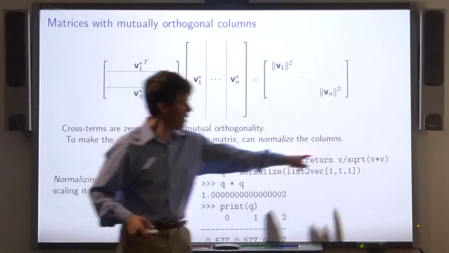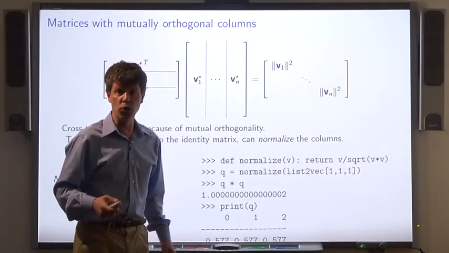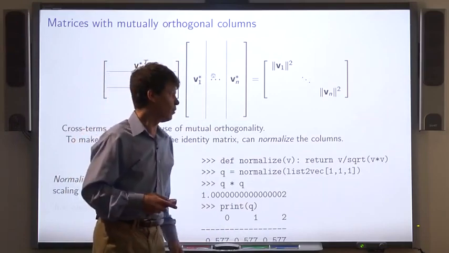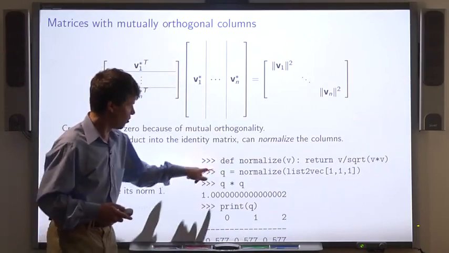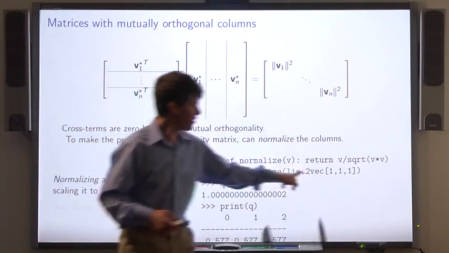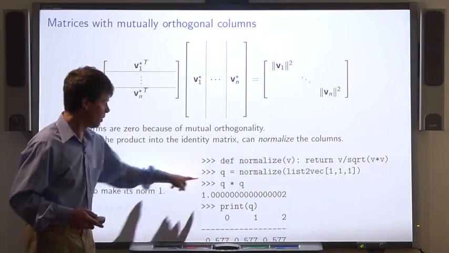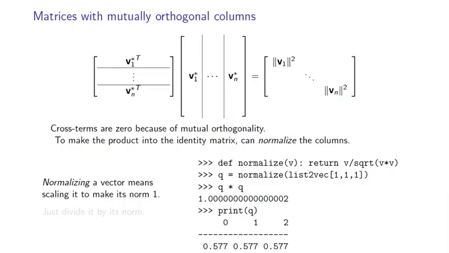It just takes a vector and divides it by its norm, which is the square root of its inner product with itself. So, for example, the vector with entries 1, 1, 1, once it's normalized, its norm squared is 1, and the entries are 1 over root 3.